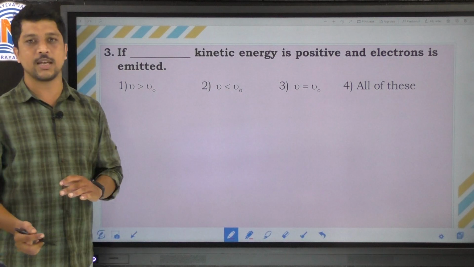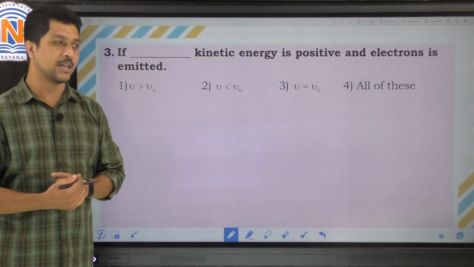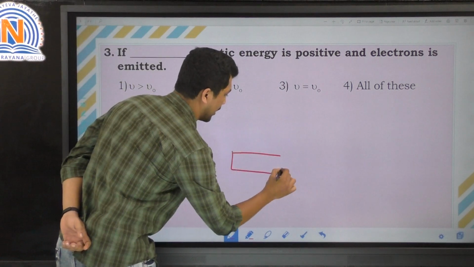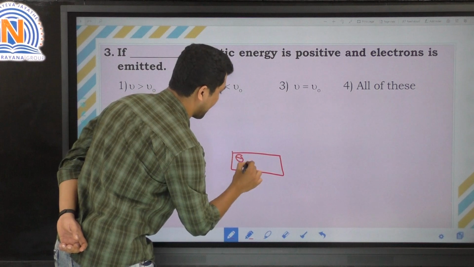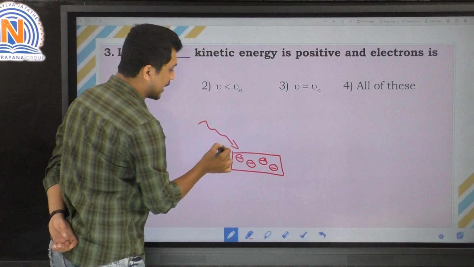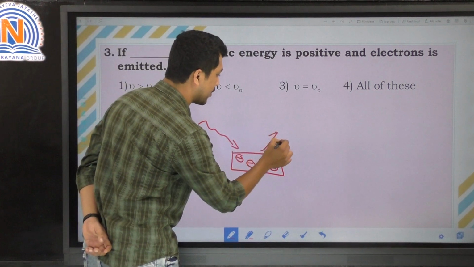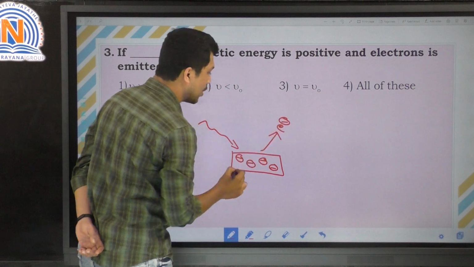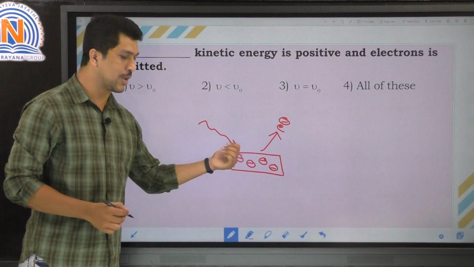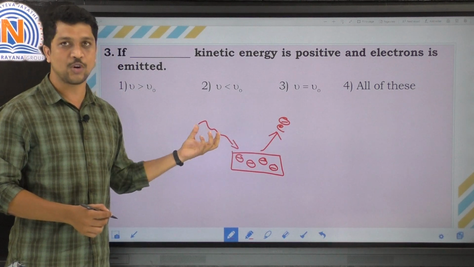So here the question is, if dash kinetic energy is positive and electron is emitted. So according to the photoelectric effect, a beam will strike the metal surface, the electron will eject. Right? So the frequency of this beam, whenever it strikes the metal surface, at that place, that frequency is called the threshold frequency.